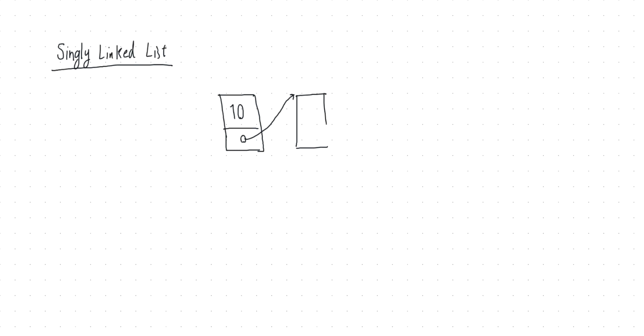It has some integer in it, 7, for example, and the pointer that points to the next node. So that's why it's called linked list. And it's called singly linked because each node is only connected to the next node. Now, later on, we will talk about doubly linked lists, where each node has a pointer that points to the next and a pointer that points to the previous node.